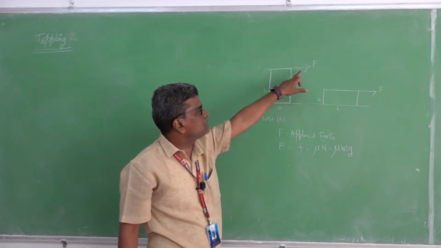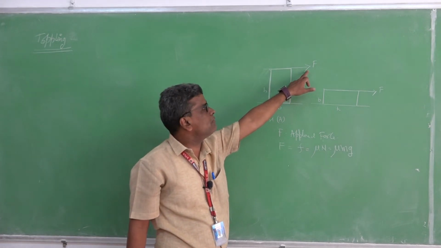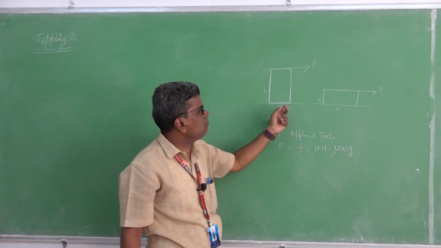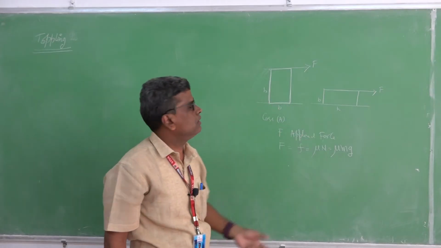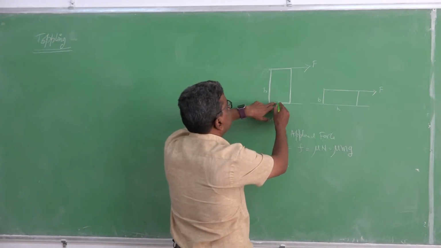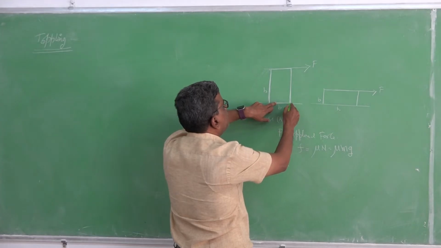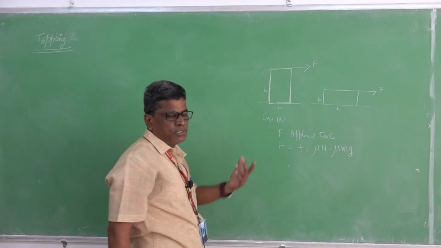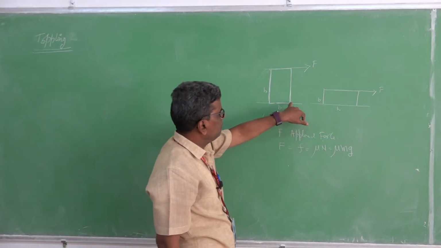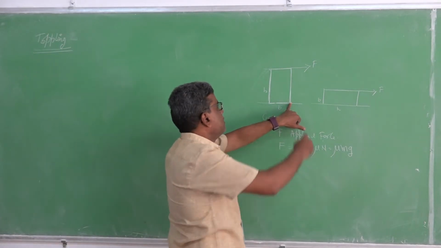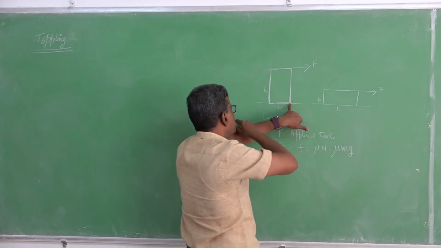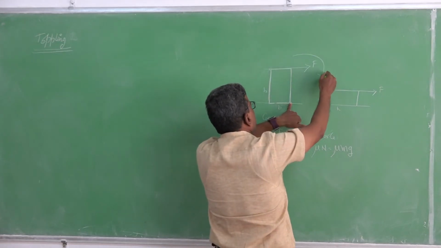Depending upon where this force is applied, the body may have chances of toppling. At the time of toppling, it topples about the corner. Suppose something is obstructed here, then because of this force, this object will turn like this.